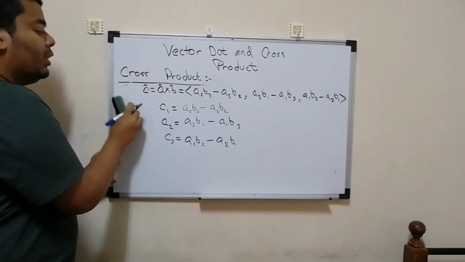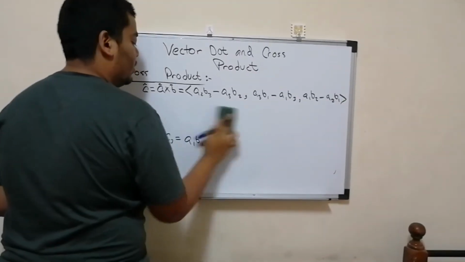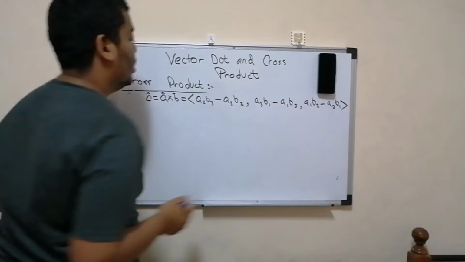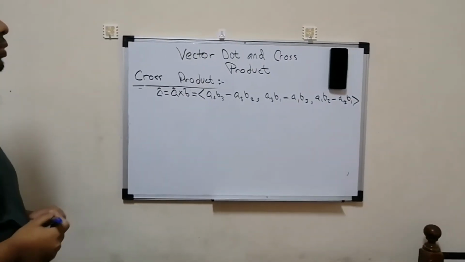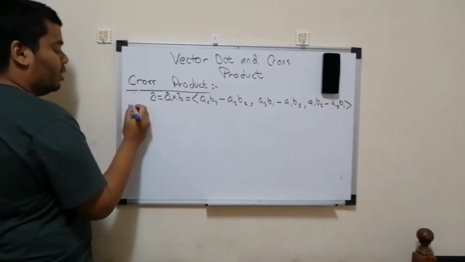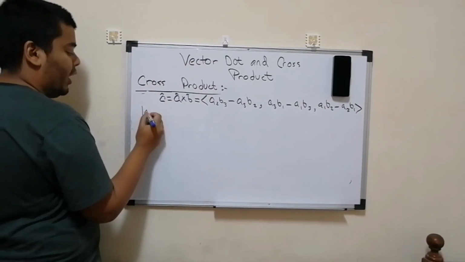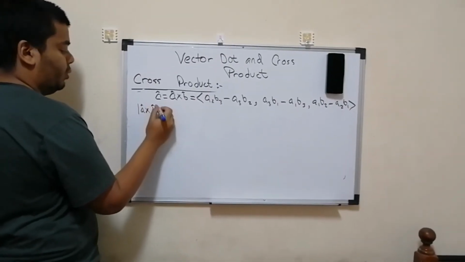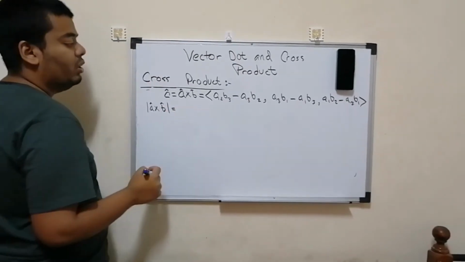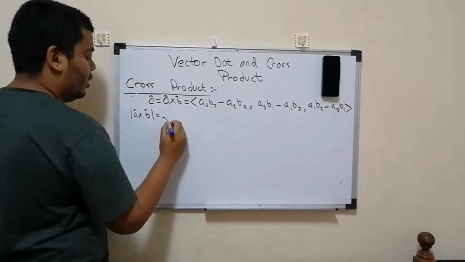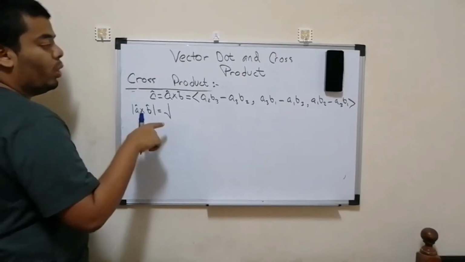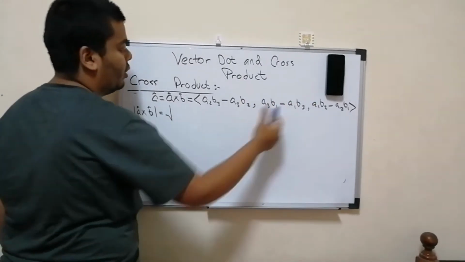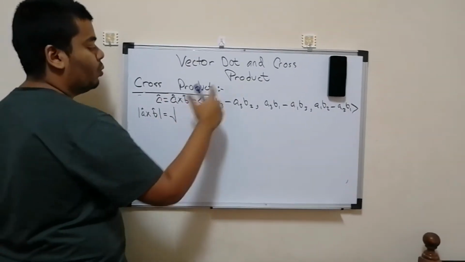Okay, keeping this in mind, let's go ahead and compute the magnitude of the cross product of A into B. As we know, with all vectors, the magnitude is the square root of the sum of squares of all the components.